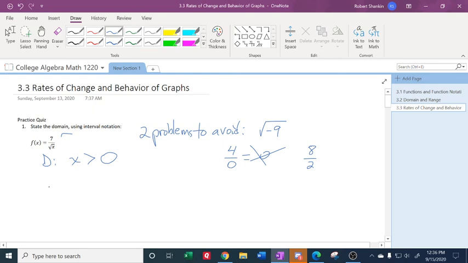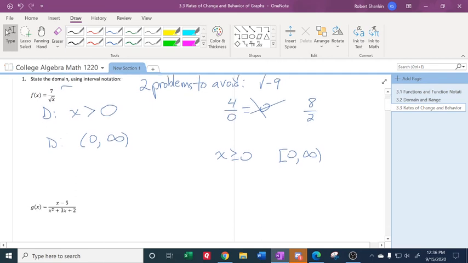So better than this, to put it in interval notation, is 0, comma, infinity. X greater than or equal to 0 would look in interval notation like this. You use a bracket when you include the endpoint, a parenthesis not including the endpoint. Infinity, we never get to infinity, that's why it always has a parenthesis around it, right there. So that's number 1, the domain using interval notation.